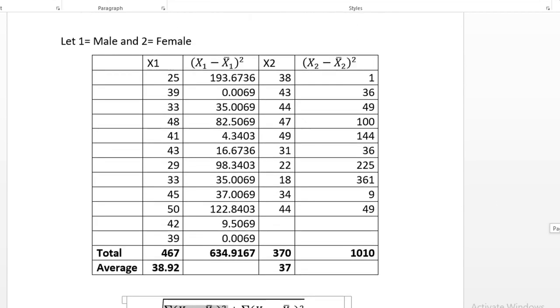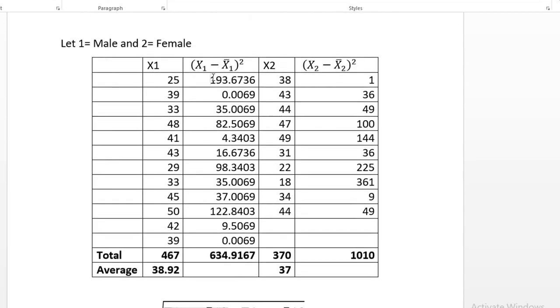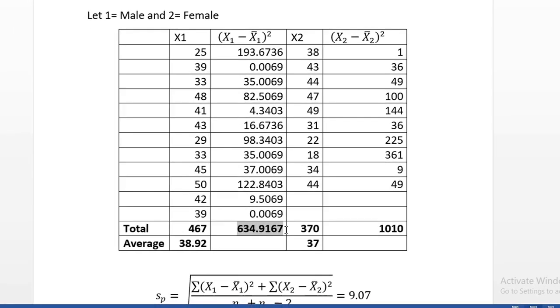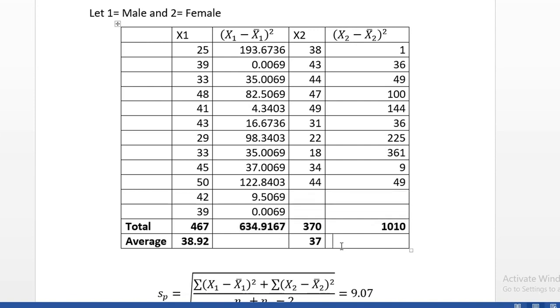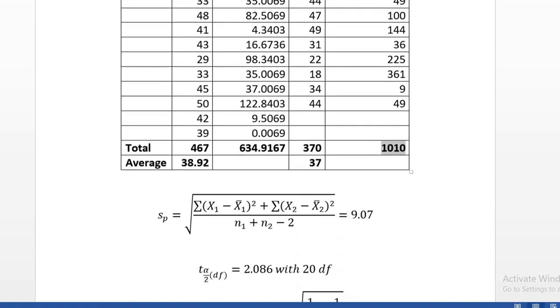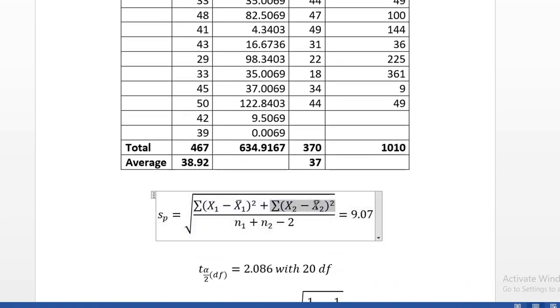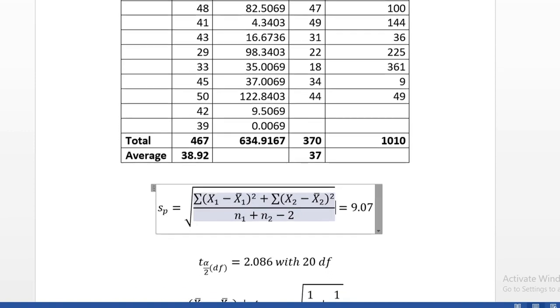Where is my x1 minus bar x1 whole square column? This one. I have to add these values, and this will give me 634.9167. The same case here, I have to take the sum of all these values, it will give me 1010. That is the sum of square of deviation from the second sample. Place all these values in this formula, and I have got 9.07 as the pooled standard deviation.